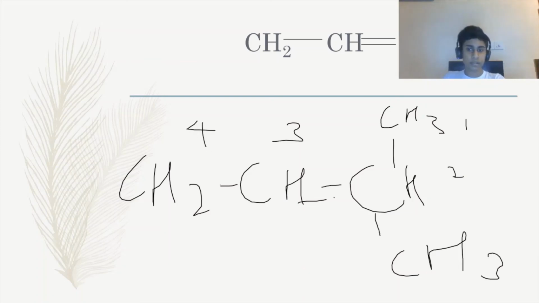Why is it like that? Because even if you number from here, we'll get double bond at 2, but the substituents should get the lower number. So 2 here, and if we go the other way, it will be 3. So what will be the name of this compound?